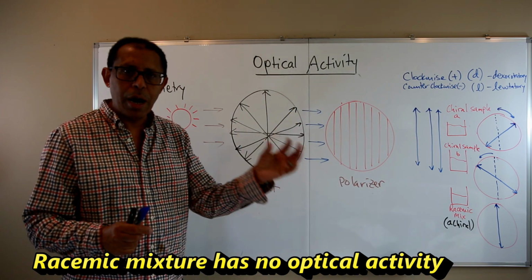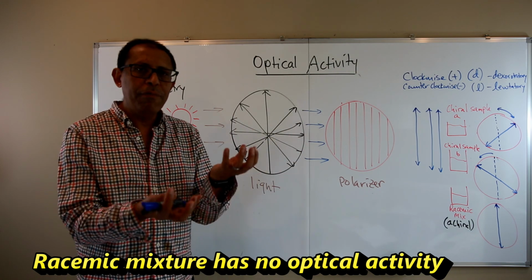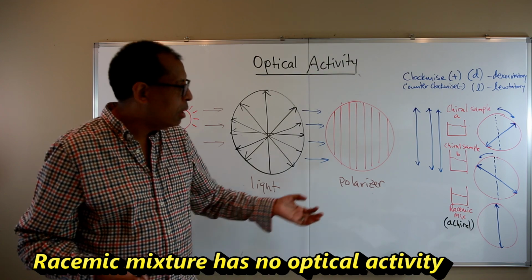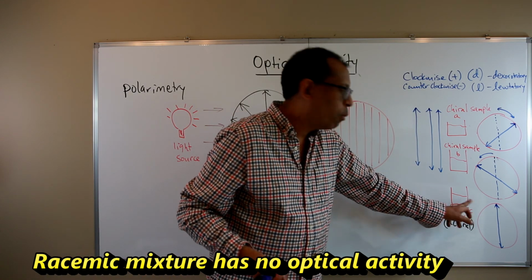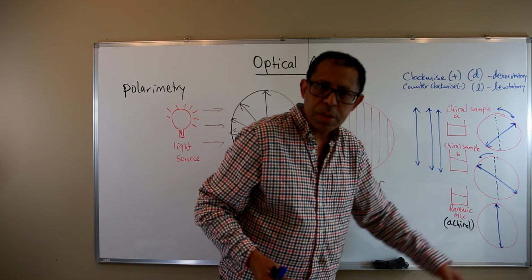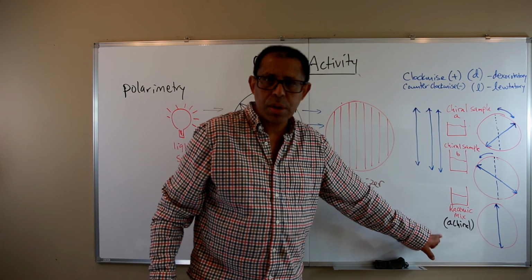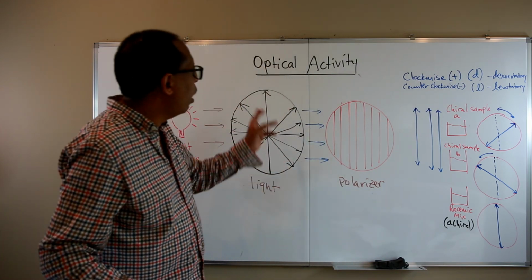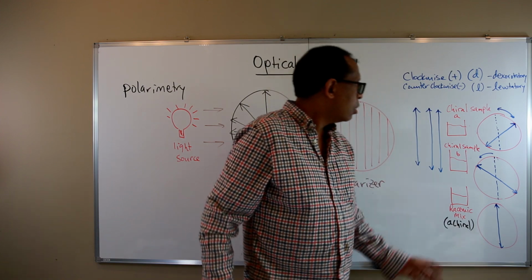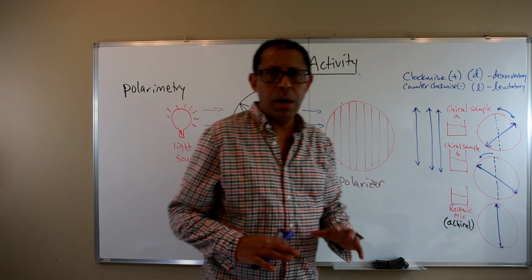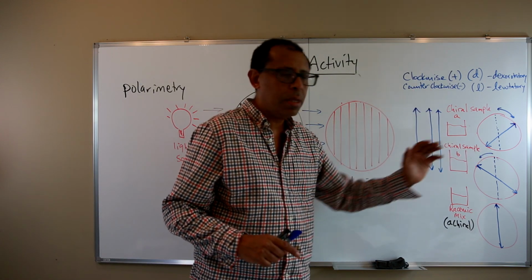When you have an R and its mirror image mixed in 50-50 proportion, the polarized light passing through that racemic mixture would not change. So that means a racemic mixture does not have optical activity. The optical activity is 0. Optical activity is measured in degrees, meaning how much it will deflect.